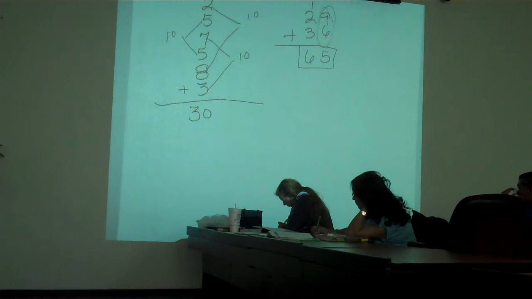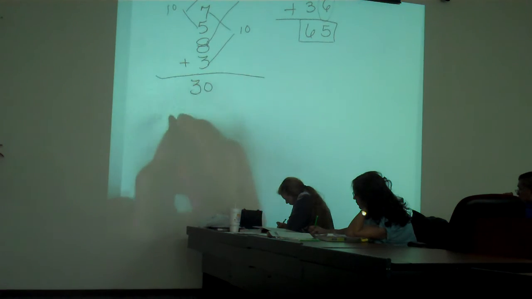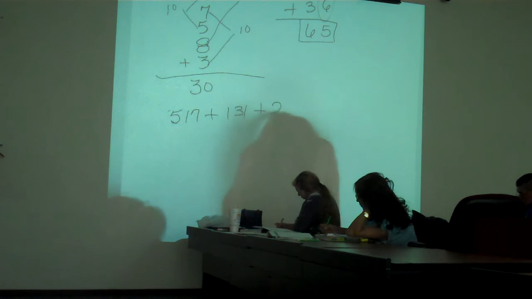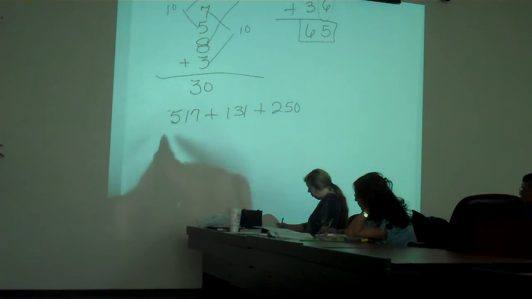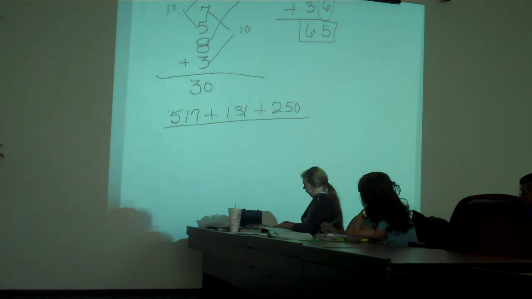You got an answer. When you get to the numbers where the problem is written like 517 plus 131 plus 250, you don't have to write it straight out of the book like that. When you see it in the book like that, go ahead and write it the way you're going to write it to solve it.